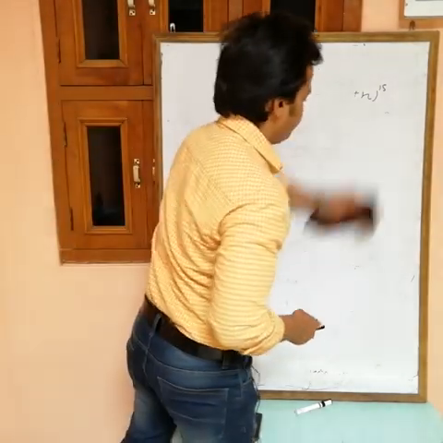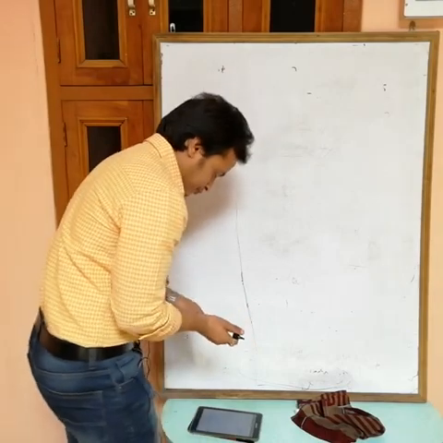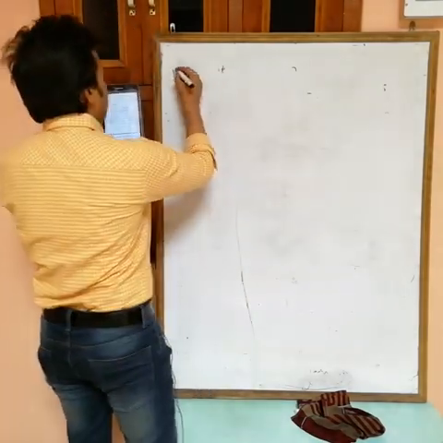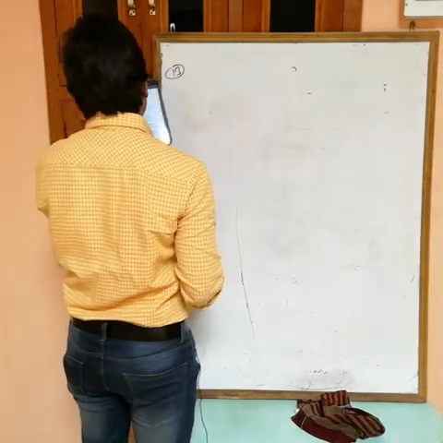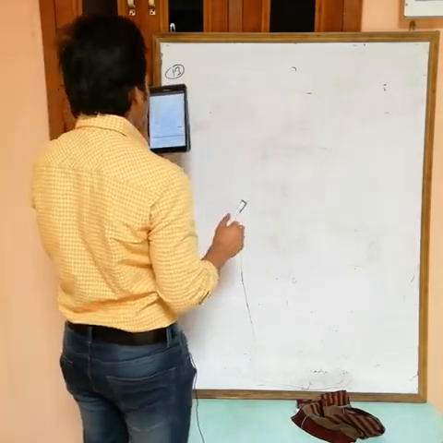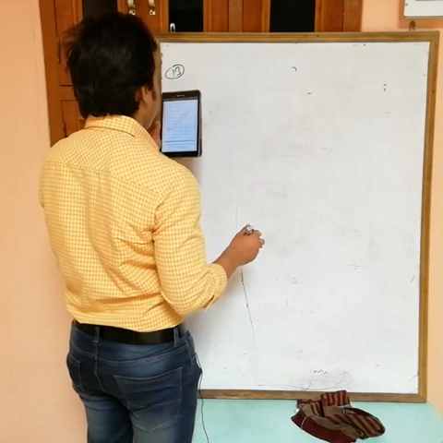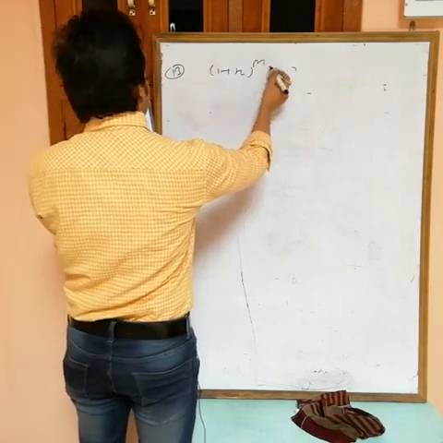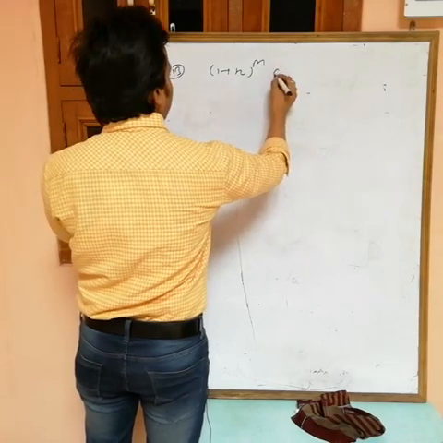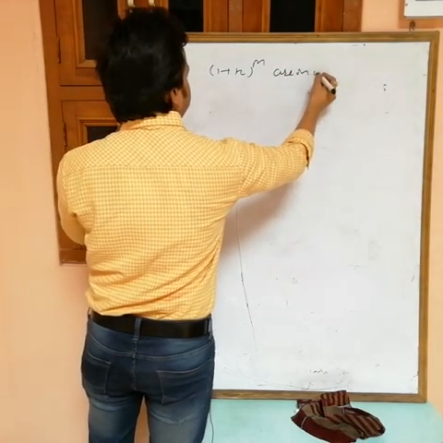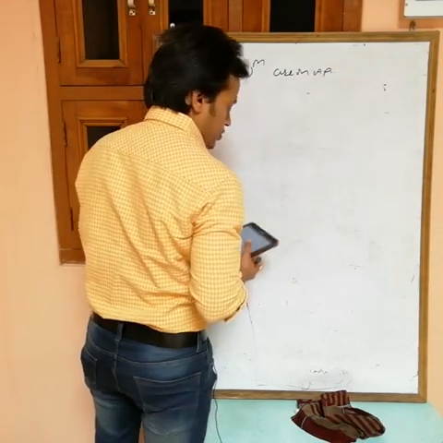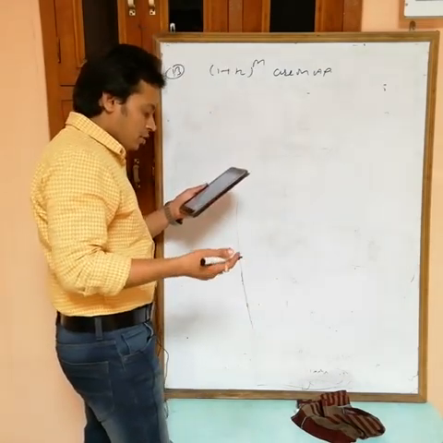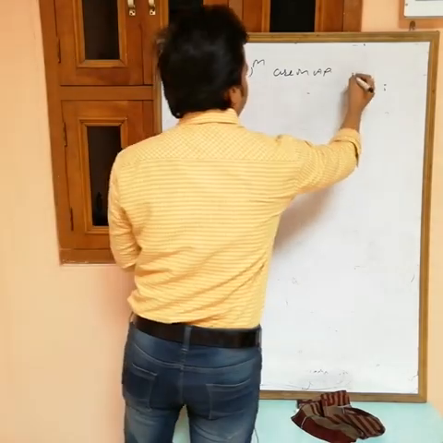Now 13. Question number 13. If the coefficients of the 5th, 6th and 7th terms in the expansion of (1 plus x) power m are in AP, then find the value of m.